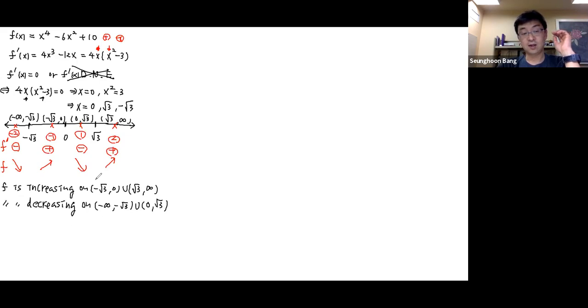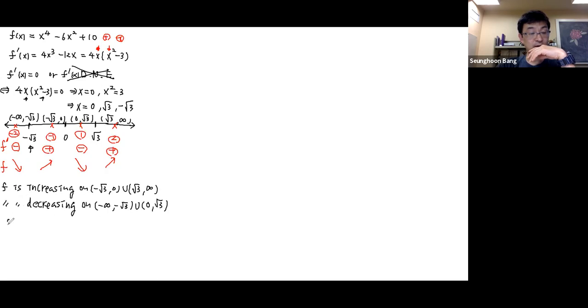So what is the x value at which f has a local minimum? The x value is here, minus root 3. The graph is decreasing, increasing, decreasing, increasing.